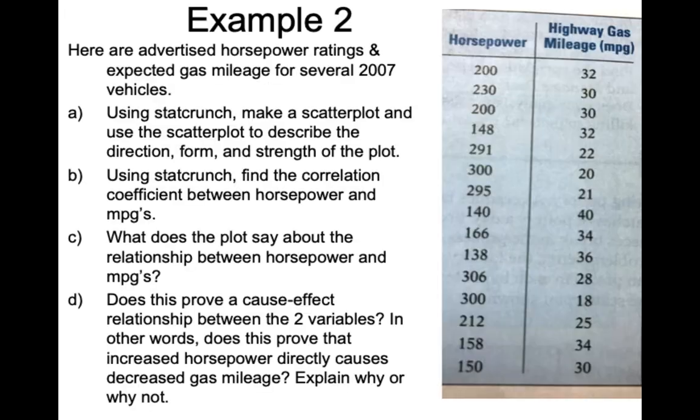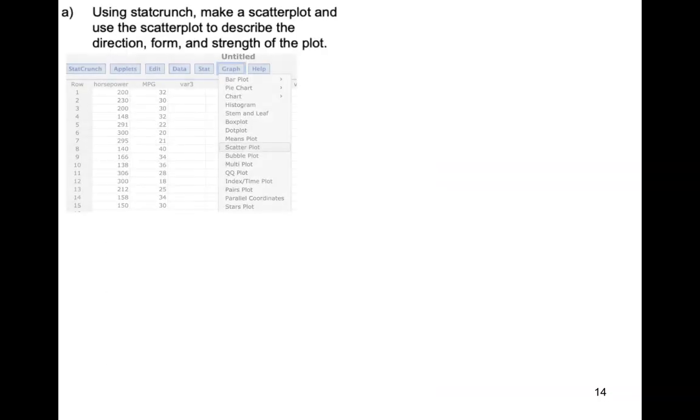So I actually titled each column. I titled one horsepower, and I titled the other MPG, miles per gallon. So if you click at the top of each column, you could actually type in a title to make it easier for you. So that was the first thing I did.